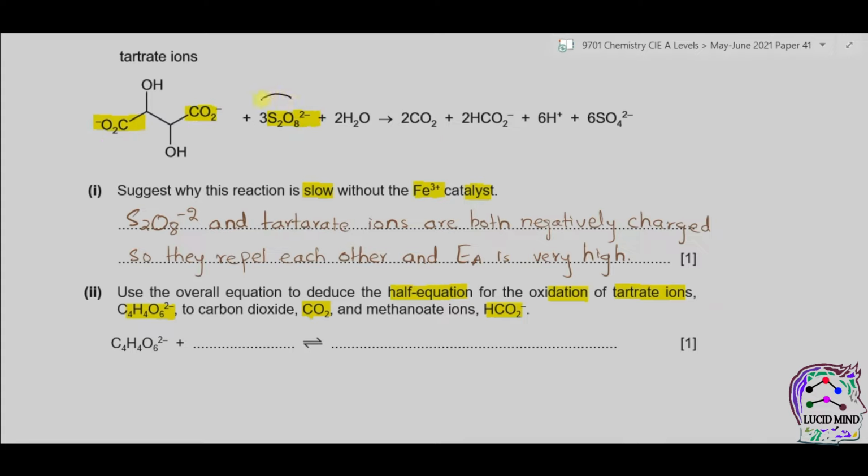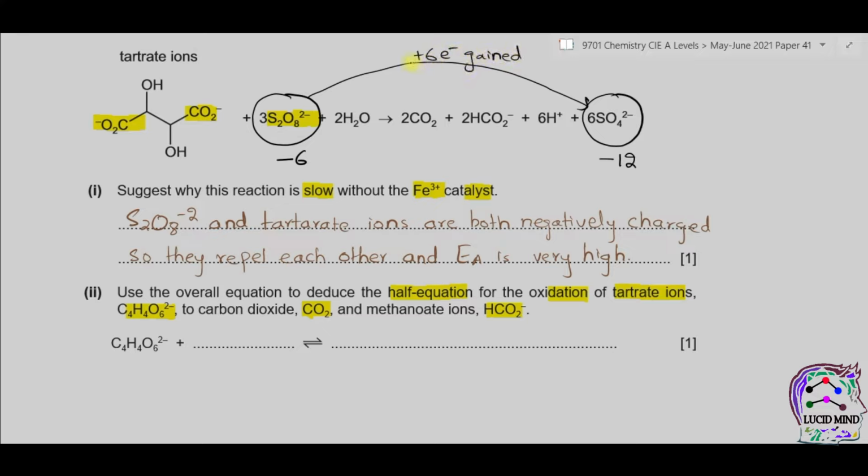We can see that S2O8 -2, there are 3 molecules. It converts into 6 molecules of SO4 -2. We can find out the total charge. -2 is on 1 mole, so for 3 moles it is -6. And for this one, 1 is -2. For 6 moles it will be -12. So it means that going from this part to this part, 6 electrons are gained.